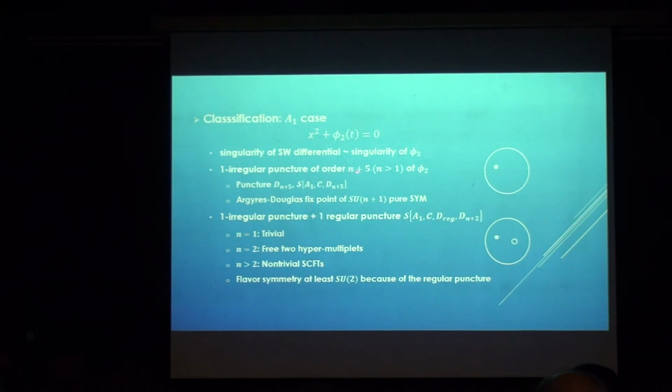So you need at least the square root to be t to the 2 or above to get an irregular puncture. That means the order of phi 2 is at least 4 or above. But I believe if you take 4 or 5, in this simple case, it still becomes something trivial.